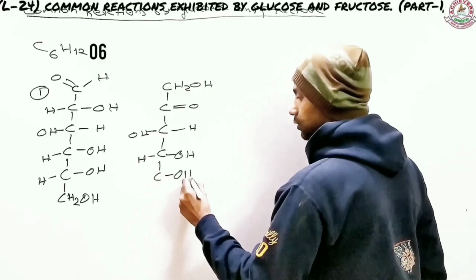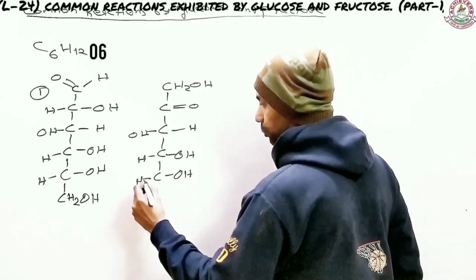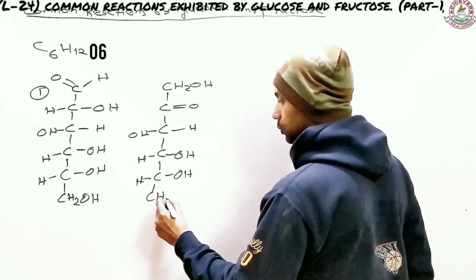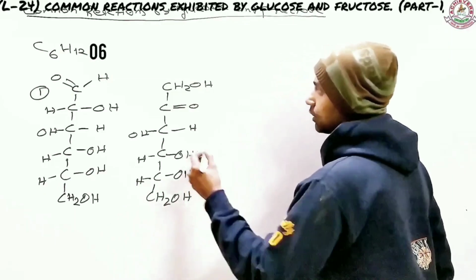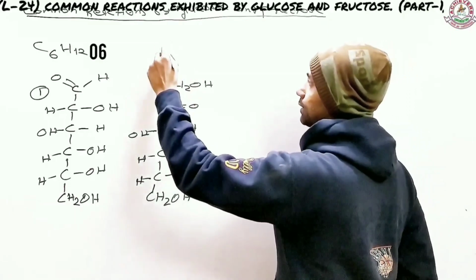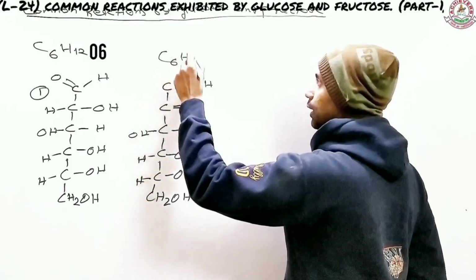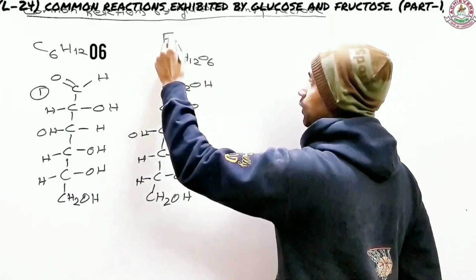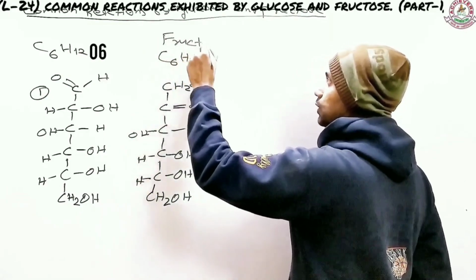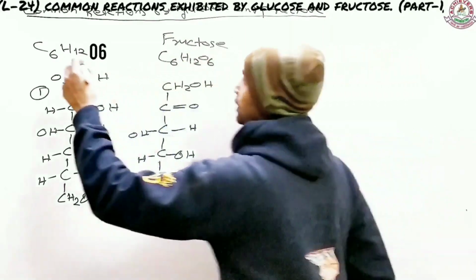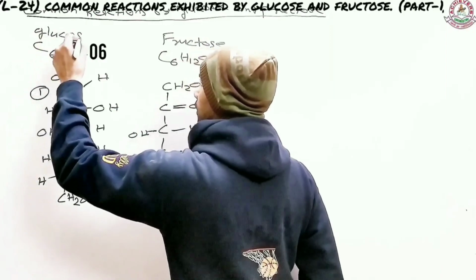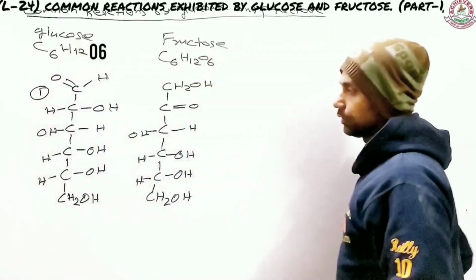So this is the structure of fructose. And the last one again is CH2OH. Let me write, this is your C6H12O6, and I'm talking about fructose here. And this is your glucose. So this is the glucose structure, and this is your fructose structure.